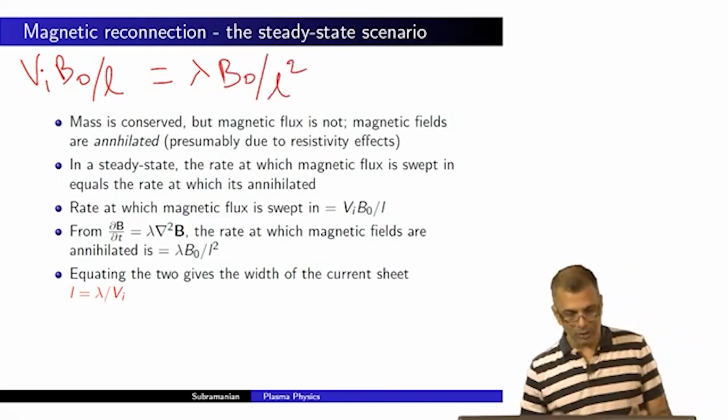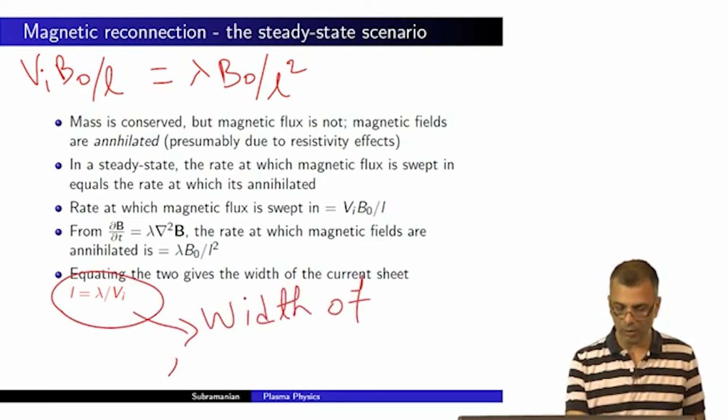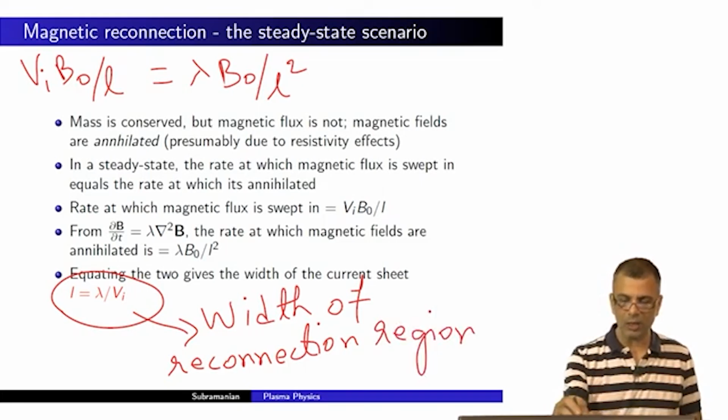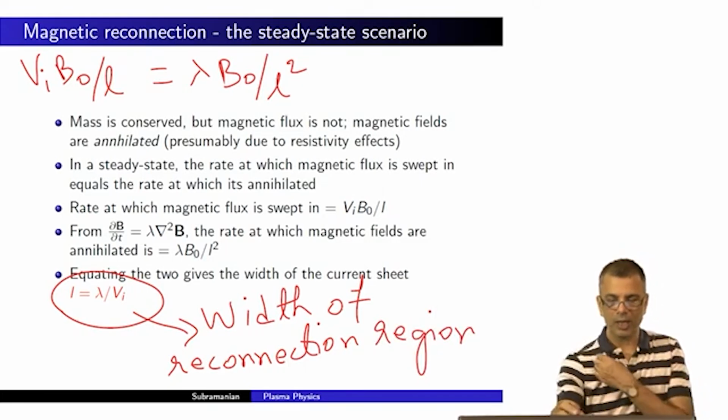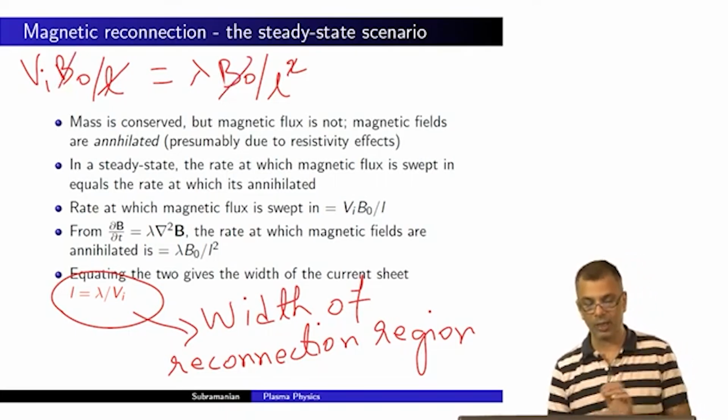This gives us the all important width of the reconnection region. Very, very important. How thick is the reconnection region? From this, I strike off b naught and I strike off one factor of L, and I get l equals lambda over Vi.